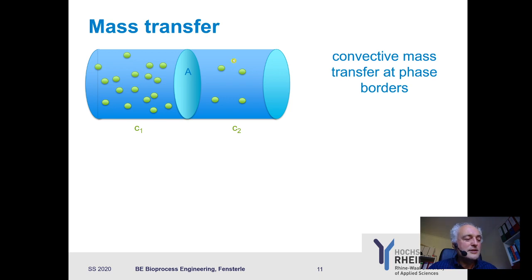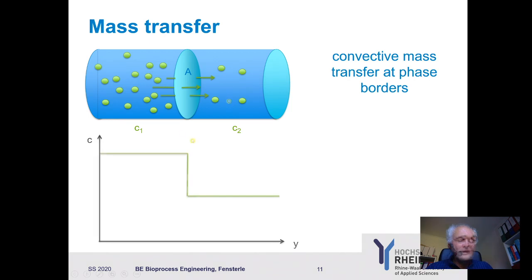If we look at this system, obviously there is a gradient of the concentration at the phase border, and we want to know the transfer of the masses from the left side to the right side. It's clear that we have a transfer from a higher concentration to the lower concentration. Now, if we look at the concentration gradient, it looks like this. It's a steep gradient here because we have a phase border.